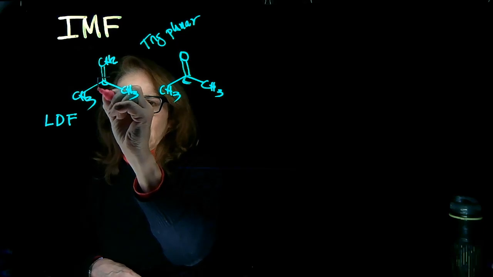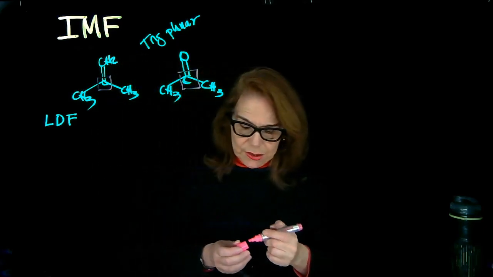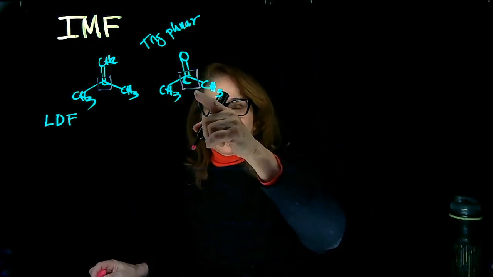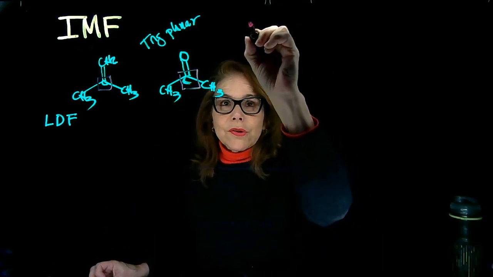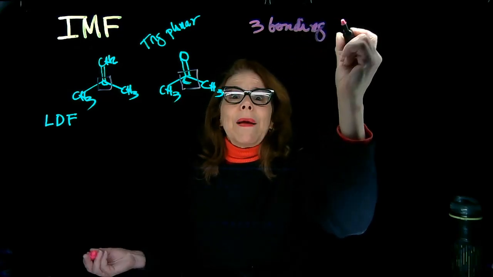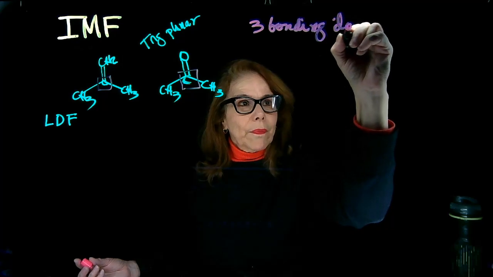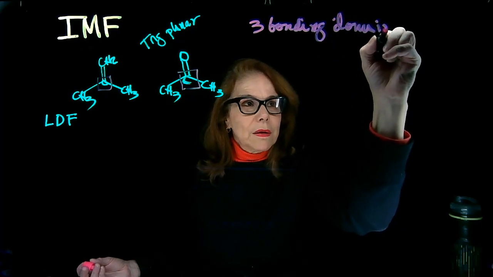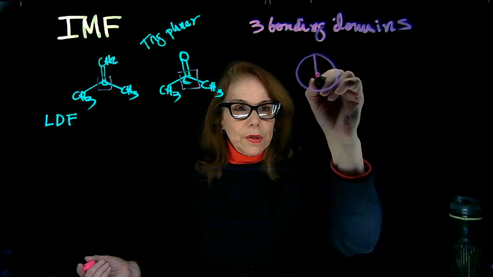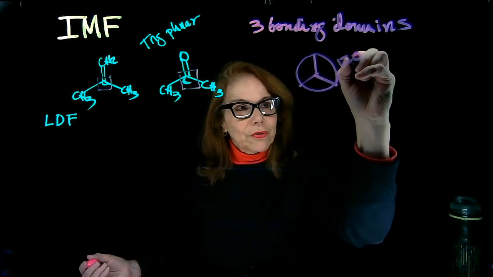The central carbon has 3 bonding domains, 3 electron domains, and applying VSEPR, 3 domains gives trigonal planar, with an angle of 120.